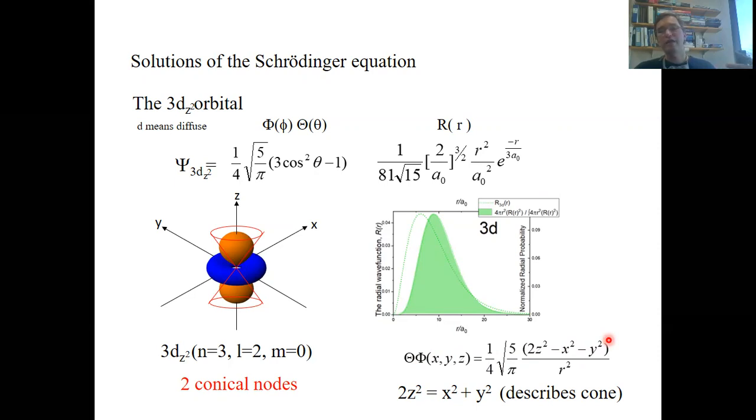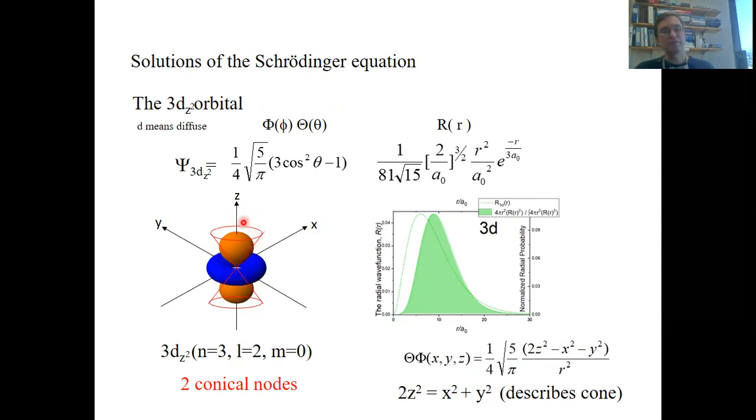So now when does that term become 0? Well, it will become 0 when 2z squared is equal to x squared plus y squared. And that describes the cone. Therefore, our 3dz square orbital has this characteristic shape here.